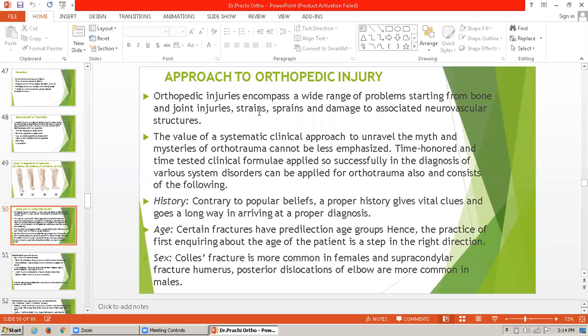Then, approach to orthopedic injury. Orthopedic injury encompasses a wide range of problems, starting from bone and joint injuries, strain, sprain, and damage to associated neurovascular structures.